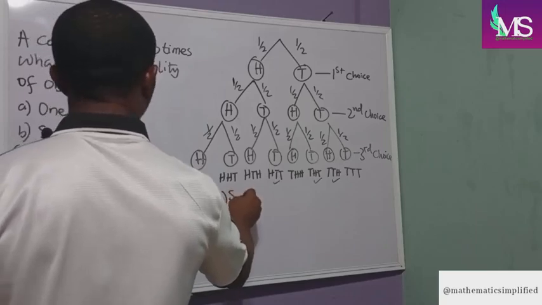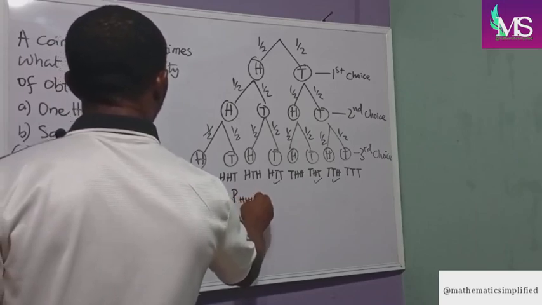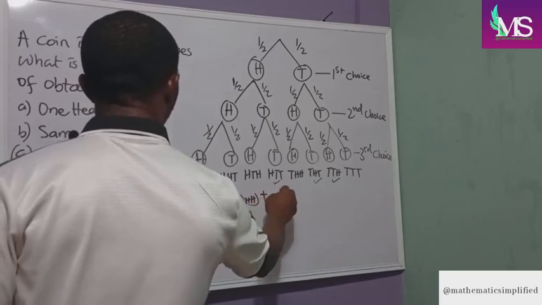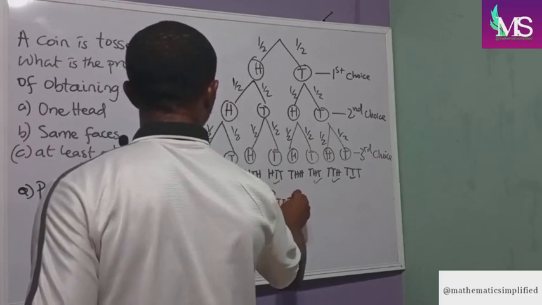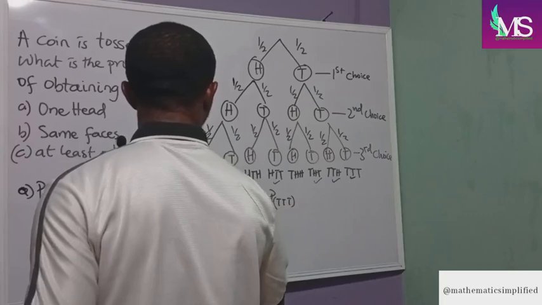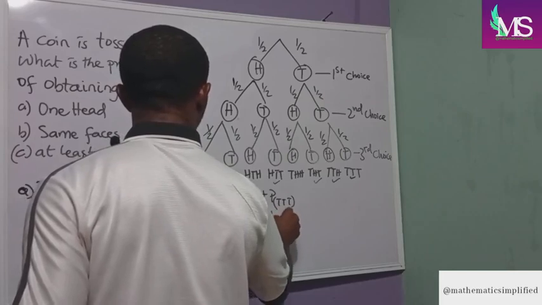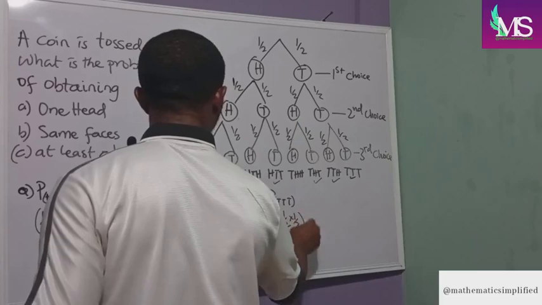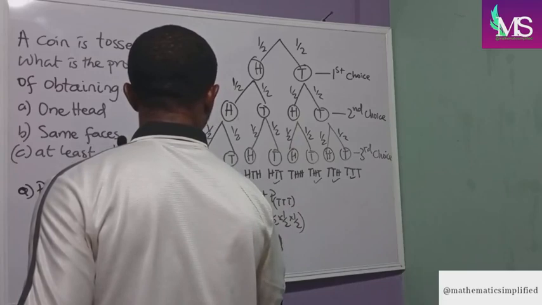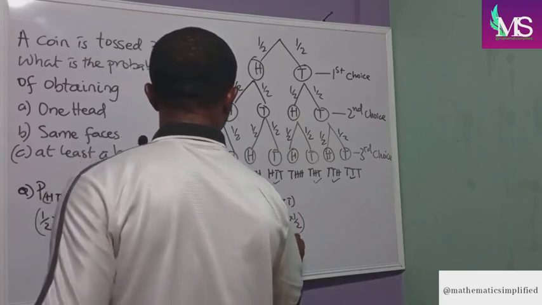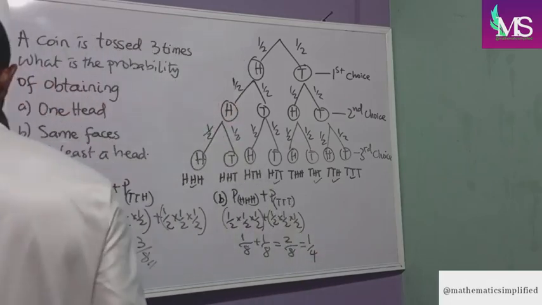Same face will become probability of head, head, head, since it wasn't specific, plus probability of tail, tail, tail, which is 1/2 times 1/2 times 1/2 plus 1/2 times 1/2 times 1/2. Which is going to give us 1/8 plus 1/8, which is 2/8. When broken down, will give us 1/4.